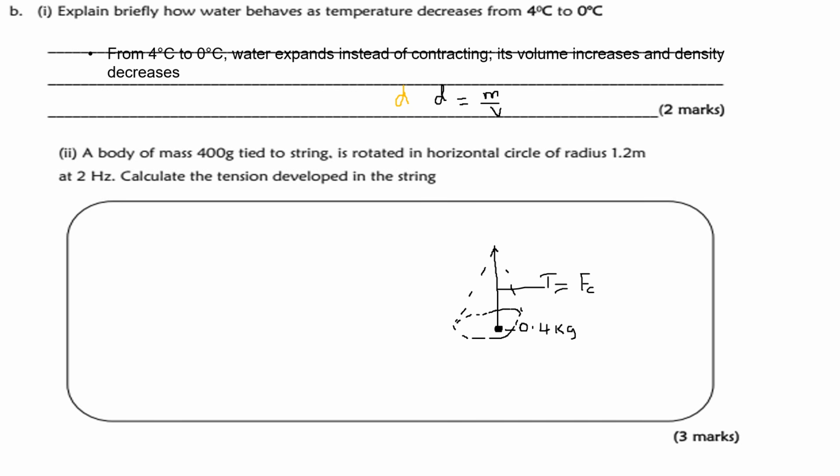All right, so in other words, in order to calculate the tension, we are as good as being asked to calculate centripetal force. Remember, centripetal force is the center-seeking force, the force which is needed to keep the body moving towards the center of the circle.